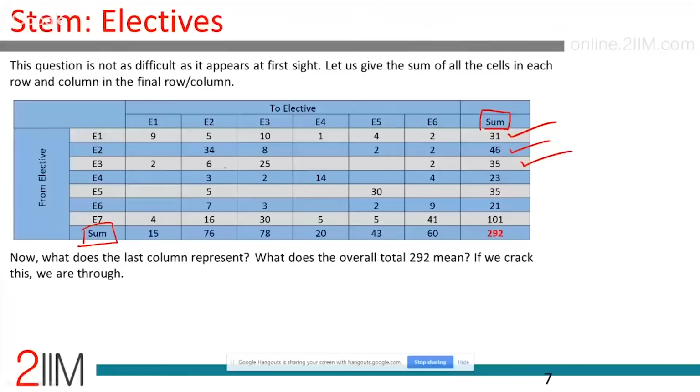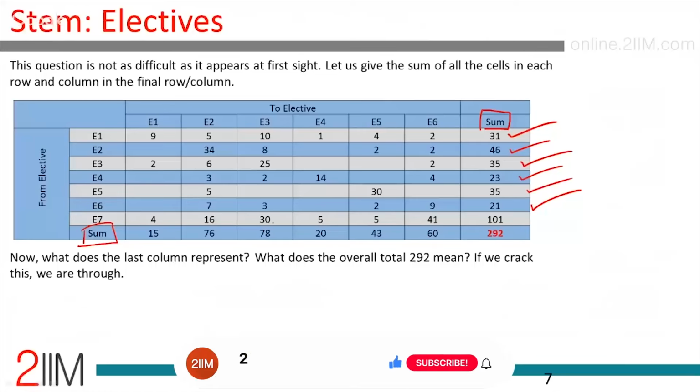That works. 3 plus 2, 5, 19, 23. Works. 5 plus 30, 35. This works. 7 plus 3, 10. 10 plus 2, 12. Plus 9, 21. This works. 4 plus 16, 20. Plus 30, 50. 55, 60, 101. This works.